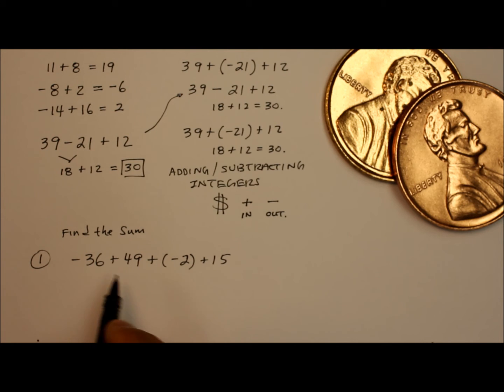So here's what you said. If you follow the order of operations, because there are minus and plus all along, you just went with the left to right rule. What you would have said was, you owe the bank $36. You owe the bank, but you make a deposit of 49. 49 minus 36 gives you 13, plus negative 2, plus the 15.